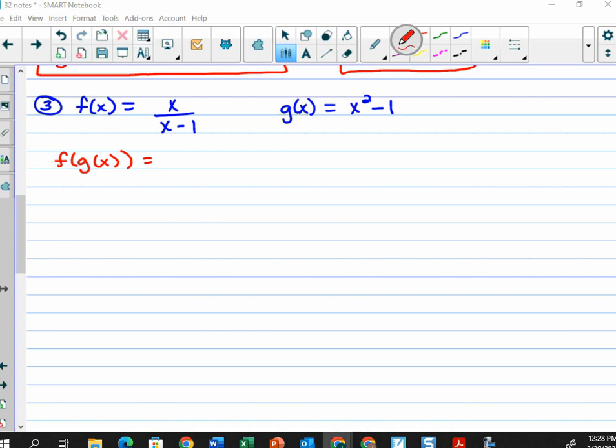Check in with your neighbor. Do you agree? Which is the inside function? The g of x. Are there any domain restrictions on g of x? No. Cool. Then just do the rest of the problem and look and see what the domain is at the end.